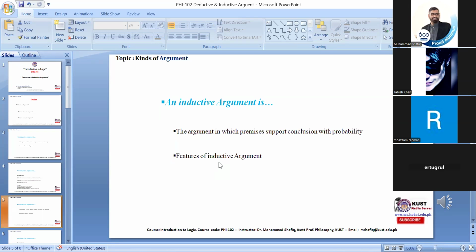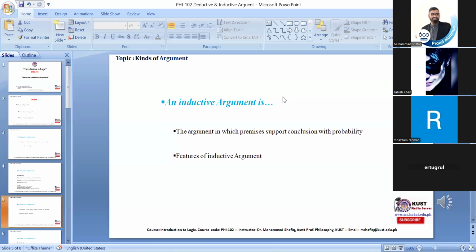Like if I say Mr. X is a student and he is intelligent, then I say Mr. Y is a student and he is intelligent, then I say Mr. Z is a student and he is intelligent. So these are three premises, and then I induce a conclusion from these three premises, which says, therefore, all students are intelligent.